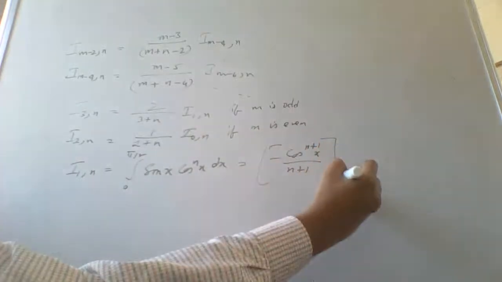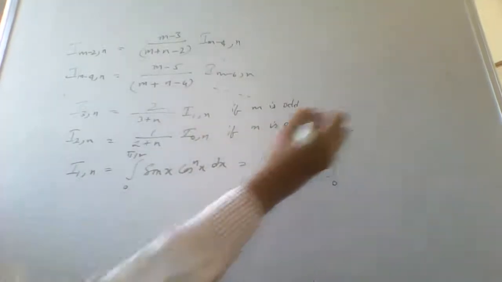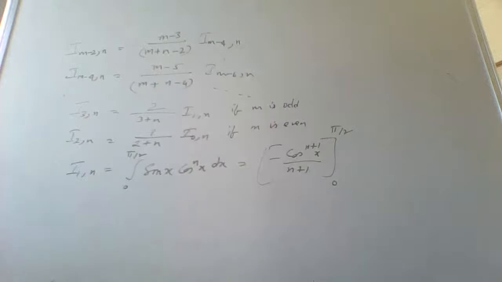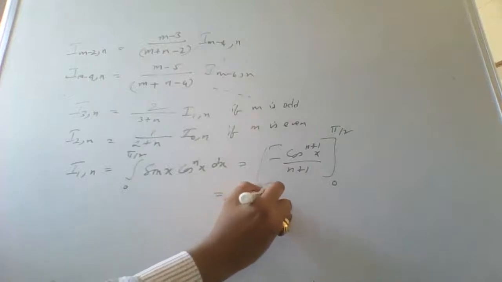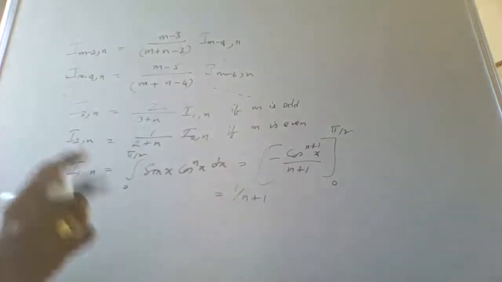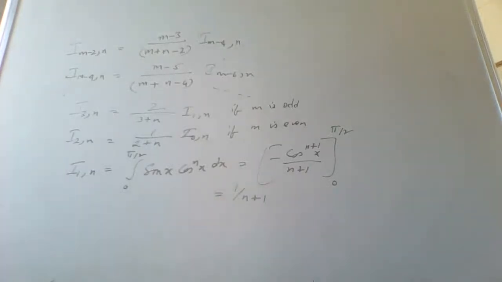Now this is for the interval 0 to pi by 2, which is equal to 1 by n plus 1. Now we have got I1.